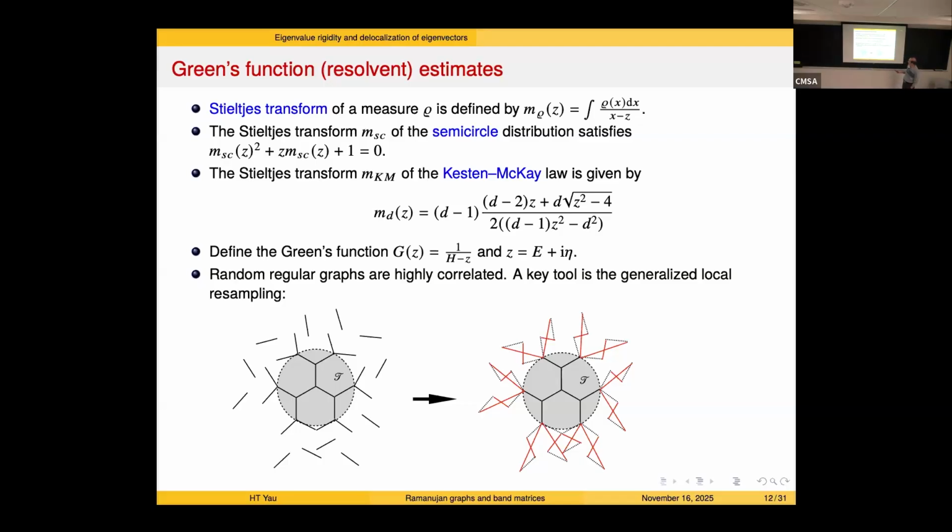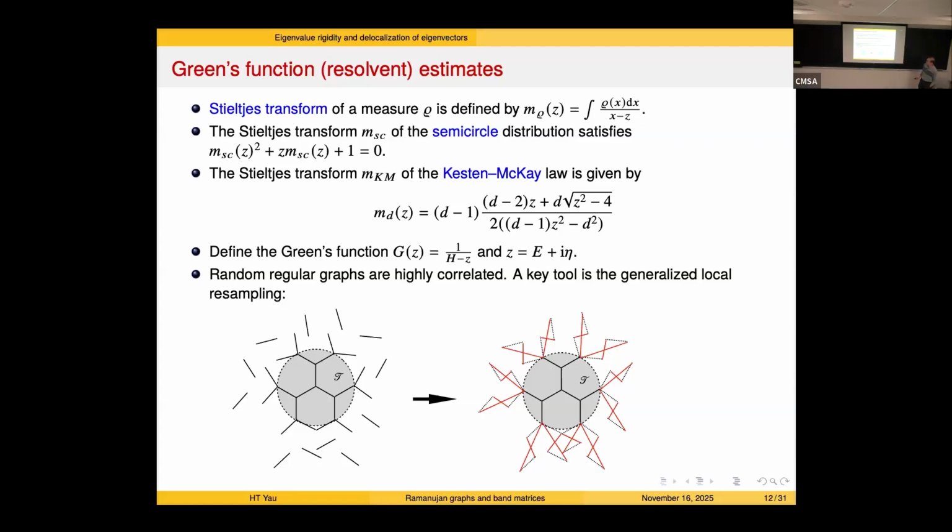Resample means, for example, the original one is this one and this one. Instead of this original edge and this edge, you delete these two edges and replace them by these two red edges. Originally it's 3-regular here, and after this replacement it's still 3-regular. So this operation will preserve the 3-regular graph.